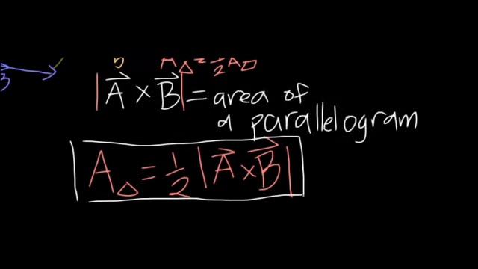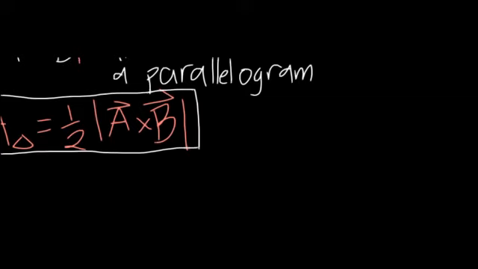And also, if you ever take the determinant of three vectors, that would mean you're taking the volume of the parallelepiped.